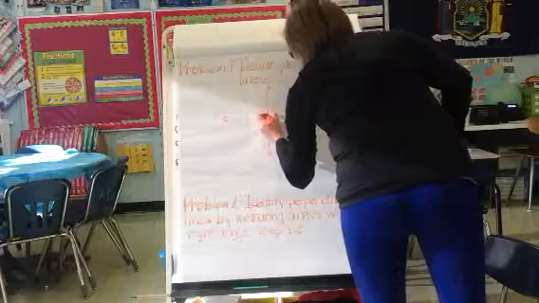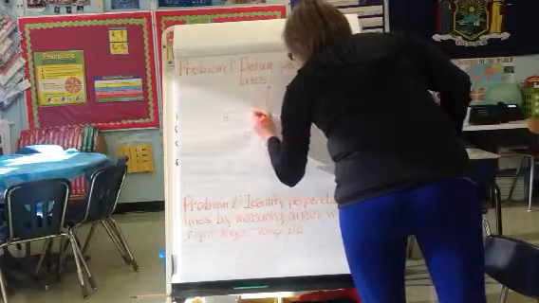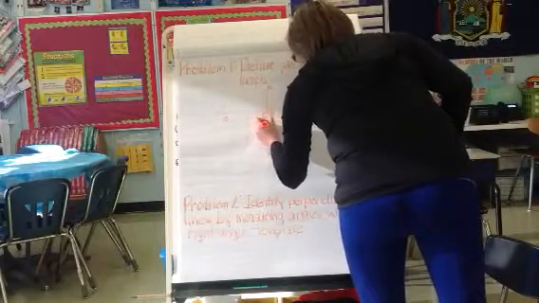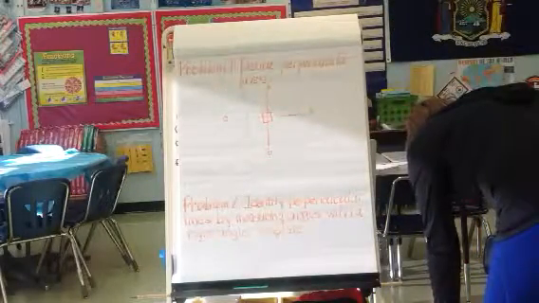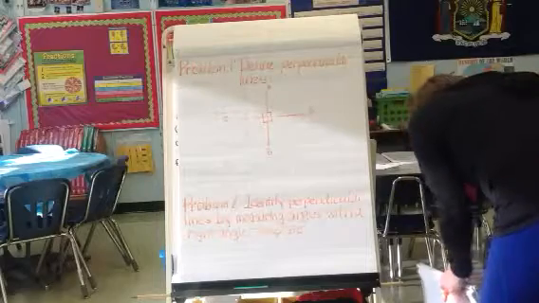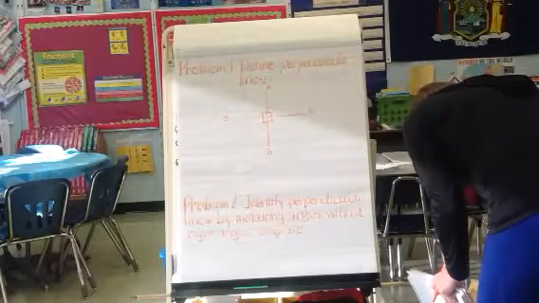And if you were to take your straight edge, you're going to see that each one of these angles is a right angle. So we know that it's perpendicular because the 2 segments form a right angle.